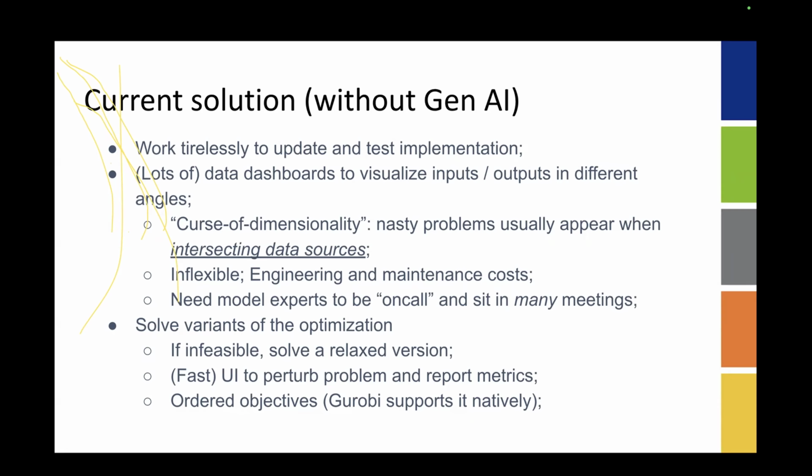And then we have to recompute all of the metrics to see, hey, maybe there's a constraint that actually got violated if I do that perturbation, right?